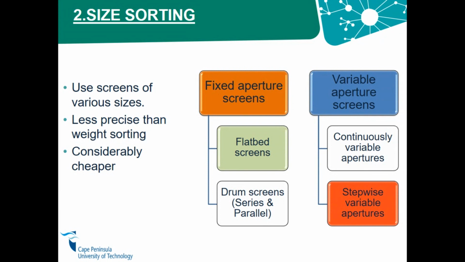So how do these things work, right? If we want to sort raw materials into size categories, it requires some sort of screen. In the case of flatbed and rotary screens, these are the main geometries of fixed screen beds that are used, and they have a number of screens which may be used in series, or they can also be used in parallel to sort the units into several categories simultaneously.